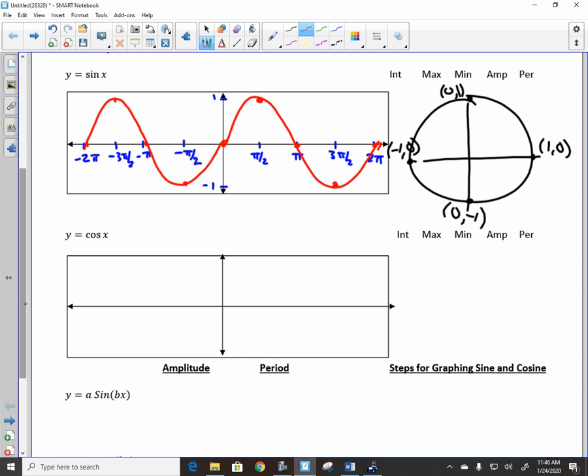So how is cosine different? Why? Because it's the x value, so it starts at 1. Yeah, cosine is the x value, so it starts at 1, it goes 0, negative 1, and so on and so forth.